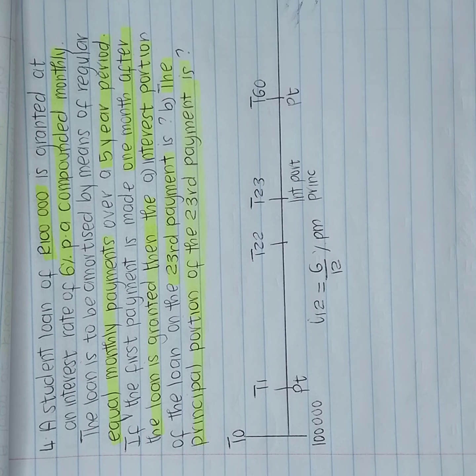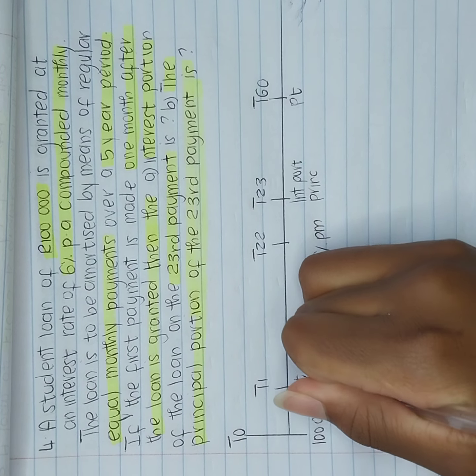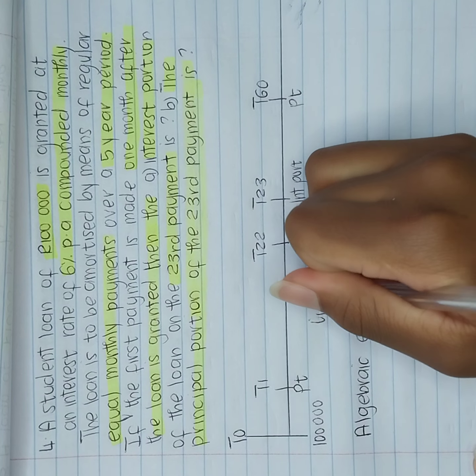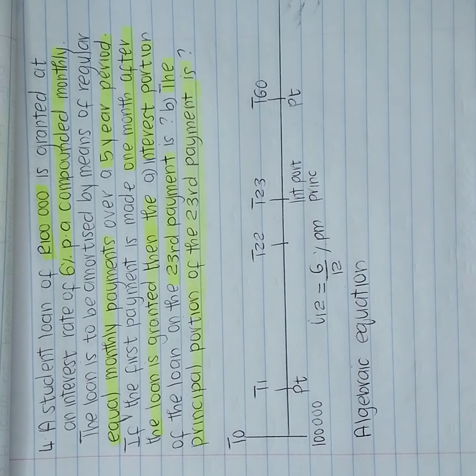So whenever you are looking for the interest portion of the loan, depending on whether you are using the algebraic formula or the CMPD function, your M will be different or your N will be different. So I am going to do both. I will use the algebraic equation to solve for my interest portion of the loan.